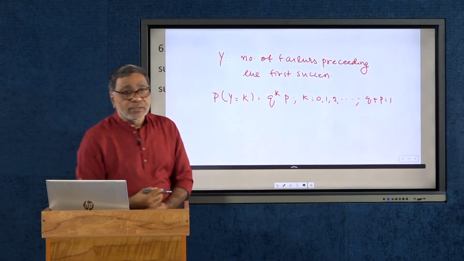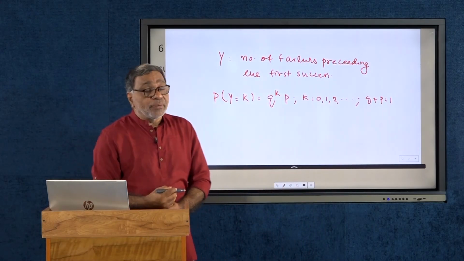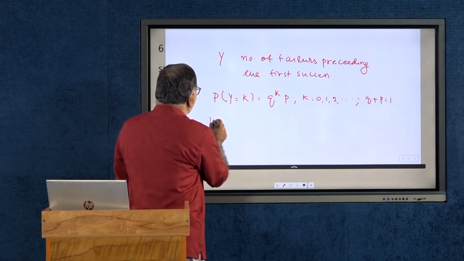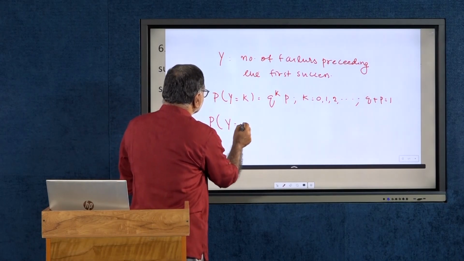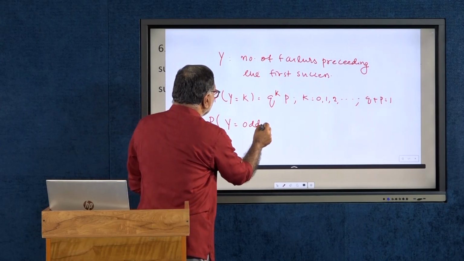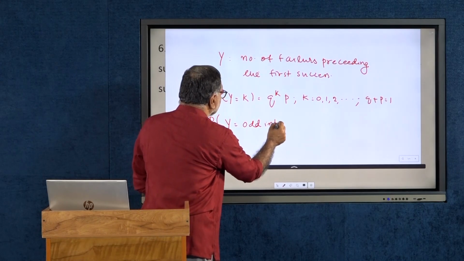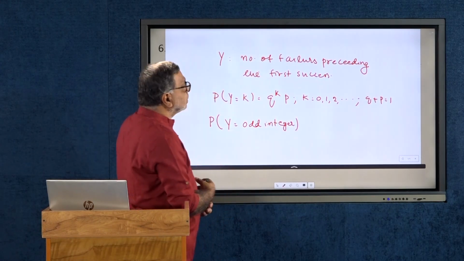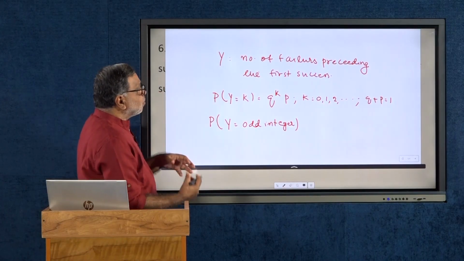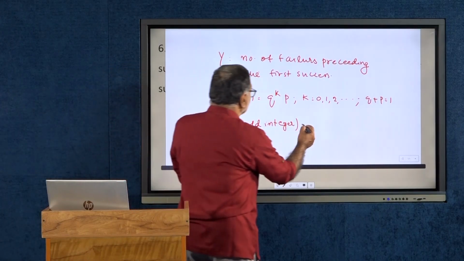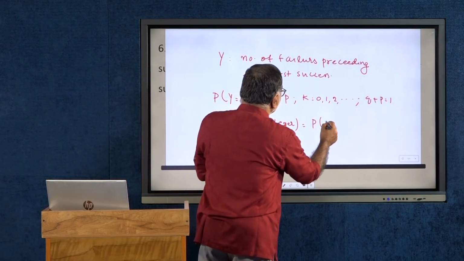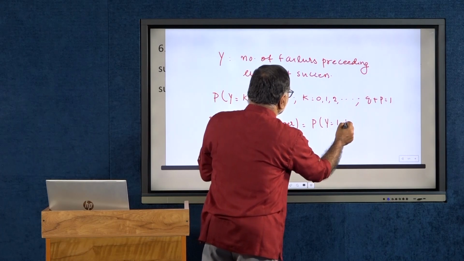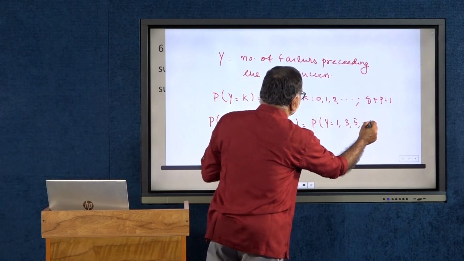And the problem here is, what is the probability that y is an odd integer? Y is the number of failures preceding the first success. So, y is equal to 1, 3, 5, etc.